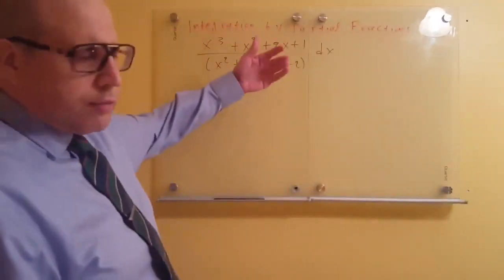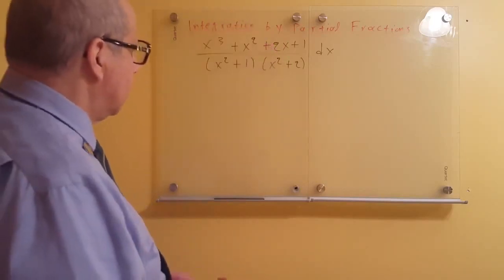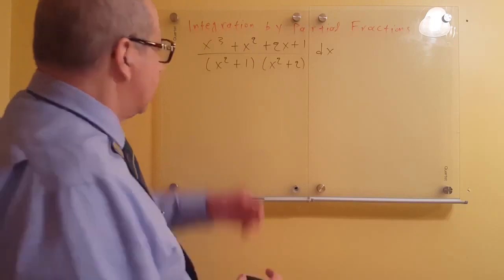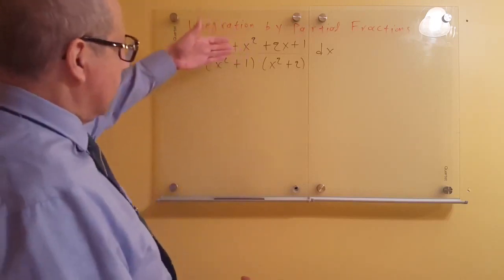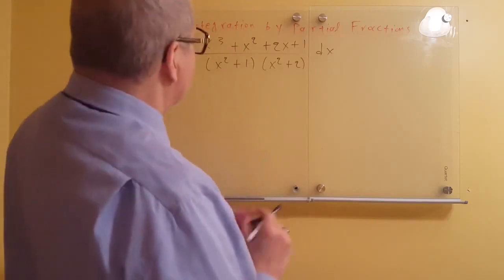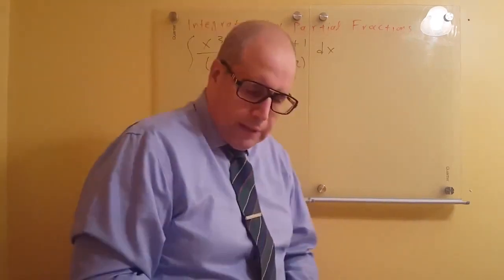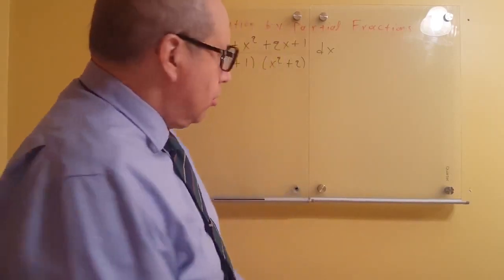Always you have to check that the degree of the denominator is greater than the degree of the numerator, otherwise you have to do the long division. So here it is indeed, the degree of the numerator is 3, the degree of the denominator is 2 plus 2, it's 4. So we're good to go.